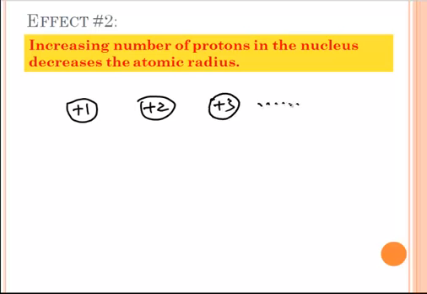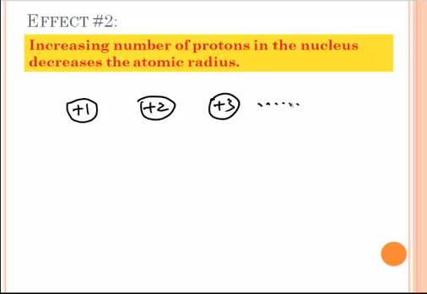Now the number of protons in the nucleus, the positive charge in the nucleus, increases accordingly, and the attraction between the nucleus and the electrons becomes stronger. As it becomes stronger, the outermost shell electrons are going to be pulled in because of the stronger attraction. So as stated here, increasing number of protons in the nucleus decreases atomic radius, just because of the increasing attraction between the positively charged nucleus and negatively charged electrons.